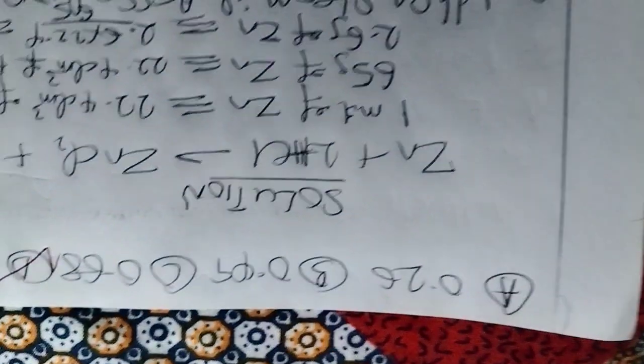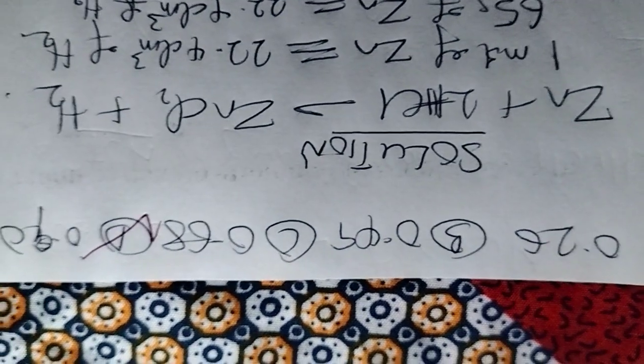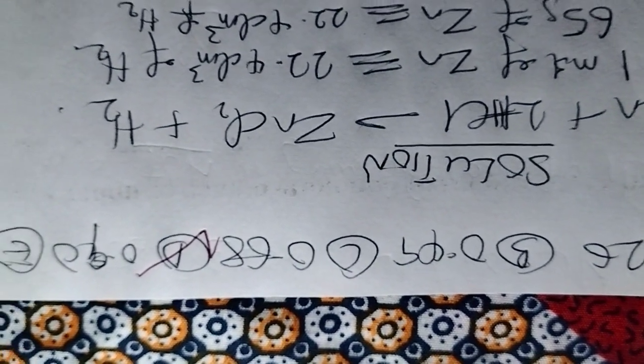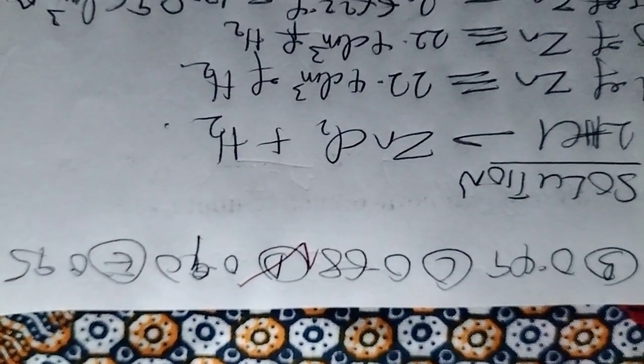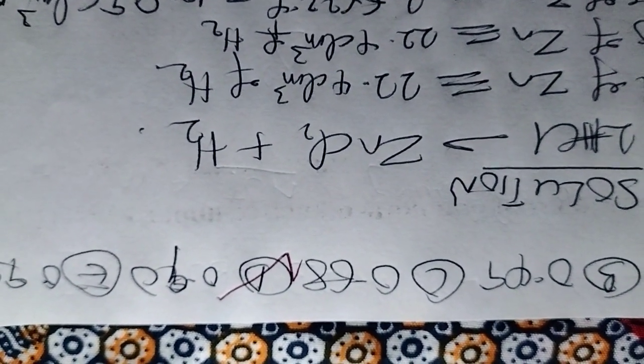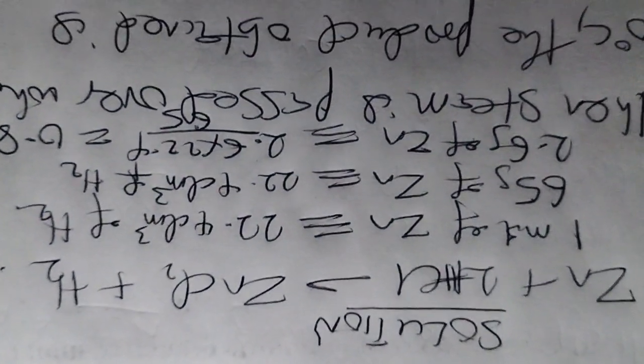And we're given the atomic masses of hydrogen, chlorine, and zinc in brackets. Option A 0.26, option B 0.46, option C 0.68, option D 0.90, option E 0.95. The correct answer is option D 0.90. The solution is shown there.